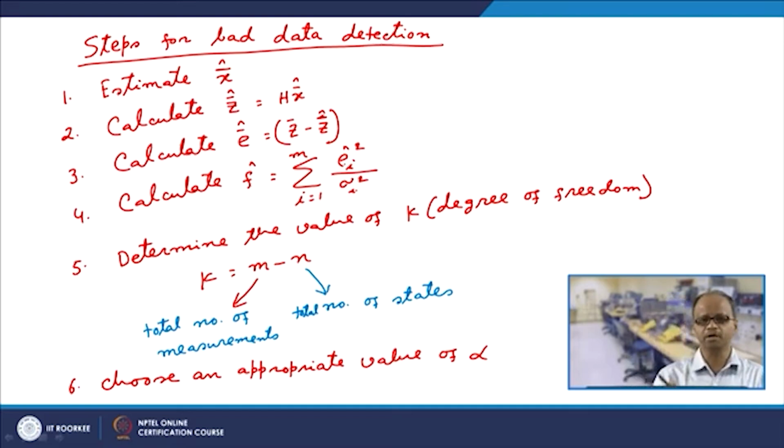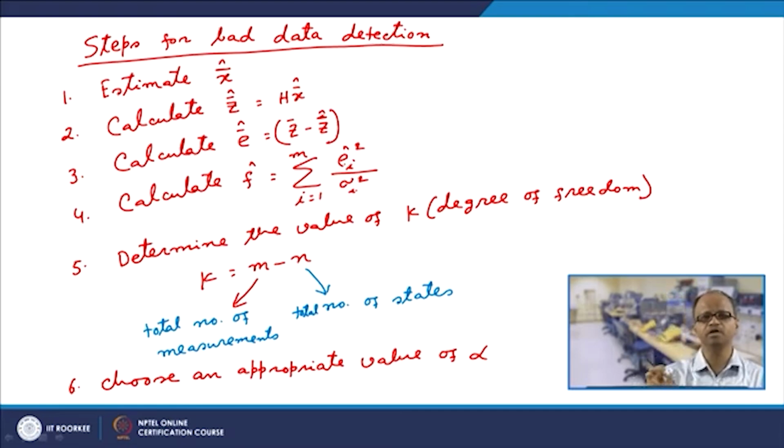That particular erroneous data makes all the estimated states quite erroneous, which are not at all close to their actual value. Because these estimated states are quite erroneous, the estimated value of the measurements become quite erroneous, so the vector E hat will also become quite erroneous, or rather large.